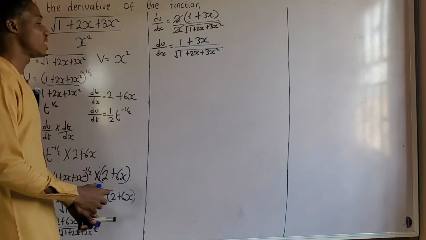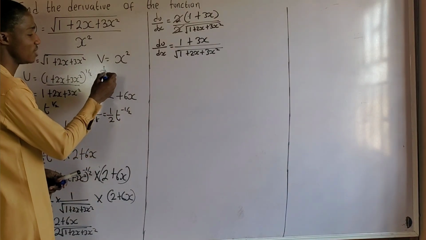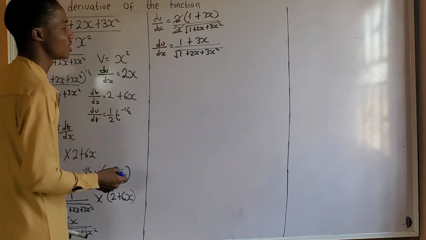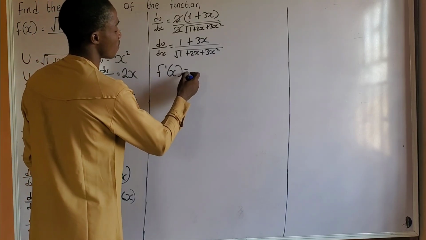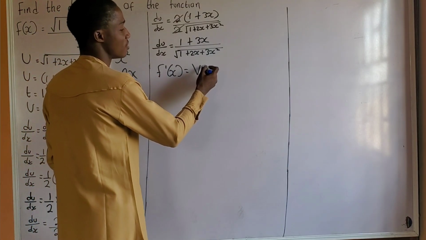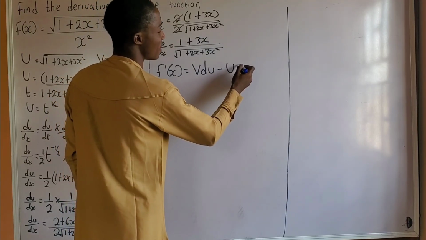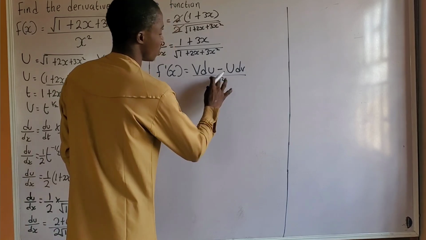Now, we also need the derivative of v with respect to x. So the derivative of v with respect to x will be equal to 2x. Are you getting it? So according to the quotient rule, the derivative of f of x will be equal to v multiplied by the derivative of u minus u multiplied by the derivative of v, all of this over v squared.